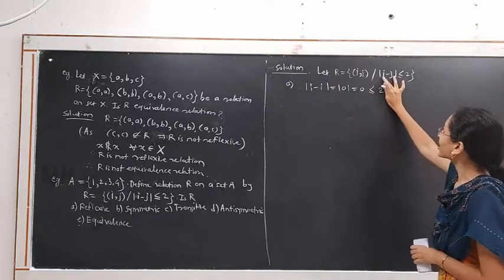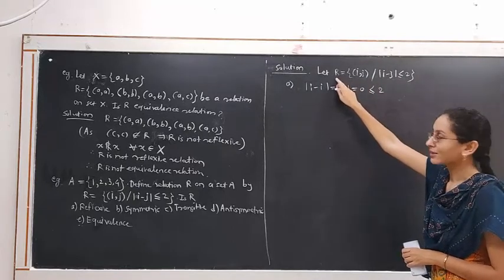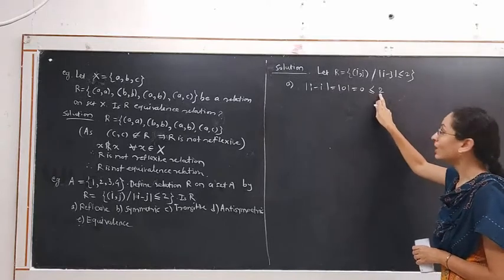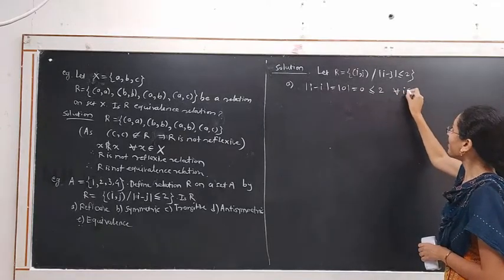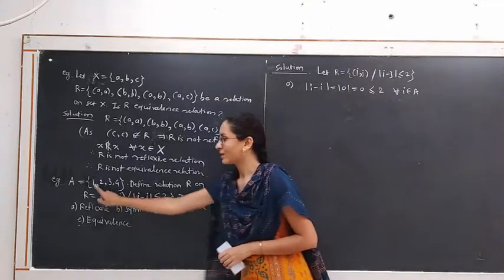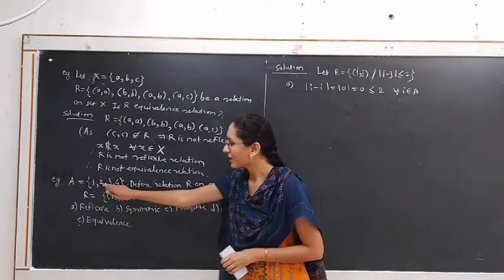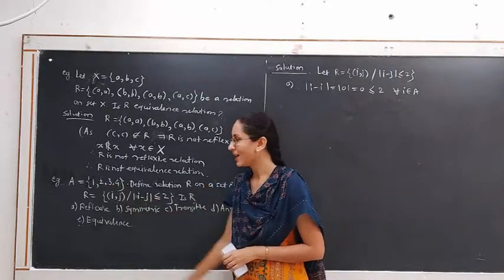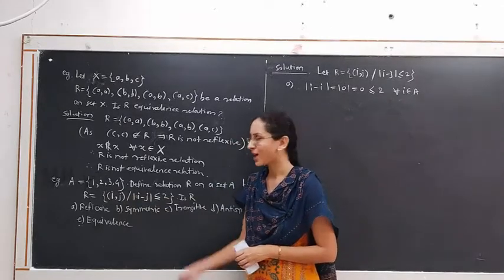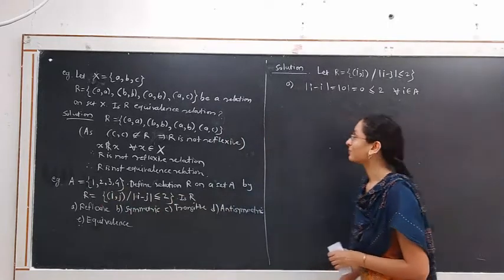If mod of i minus j is less than or equal to 2, then the ordered pair (i, j) belongs to R. Here, modulus of i minus i is less than or equal to 2 for all i belonging to set A. If we consider 1, then modulus of 1 minus 1 is 0, which is less than or equal to 2. If we consider 2, then modulus of 2 minus 2 is 0, which is less than or equal to 2. The same result is true for the next elements 3 and 4.